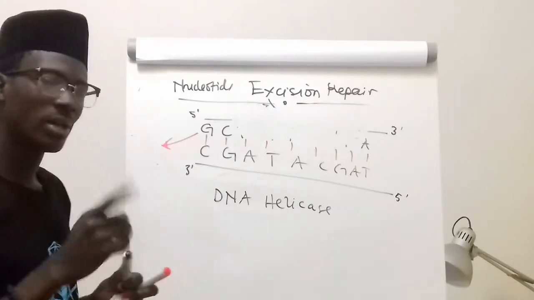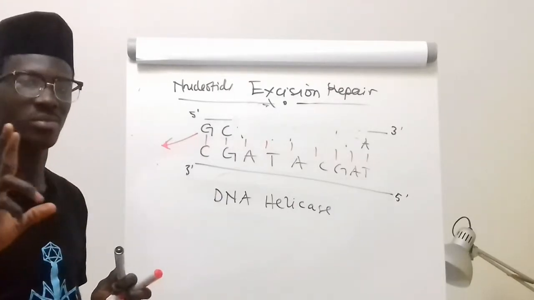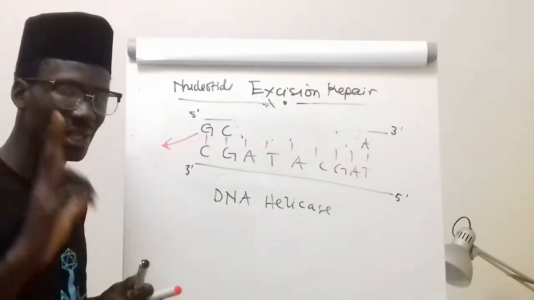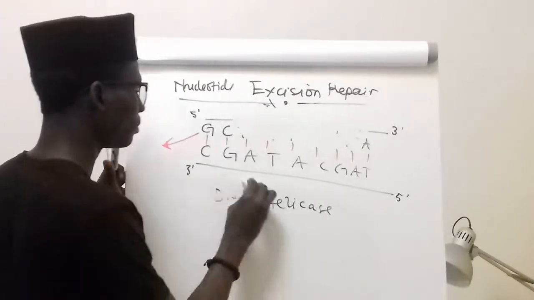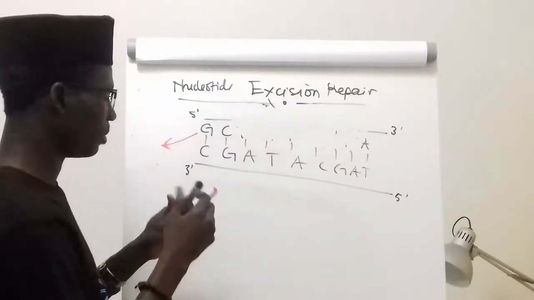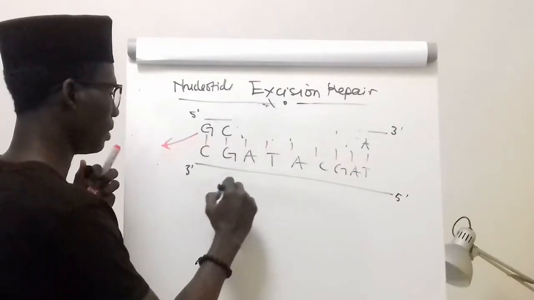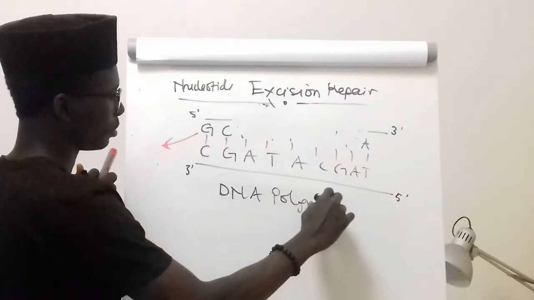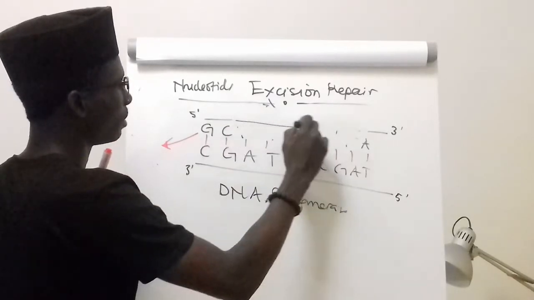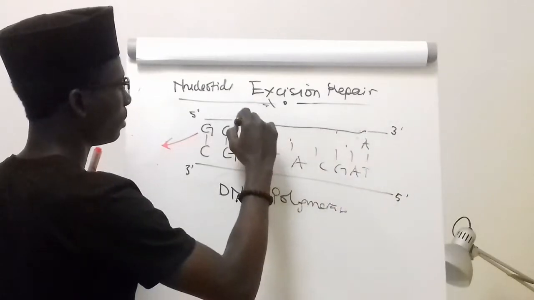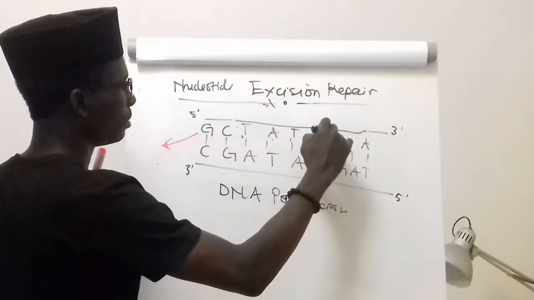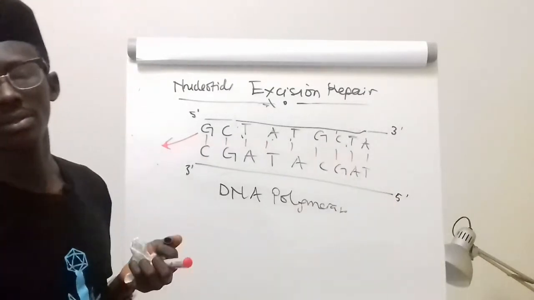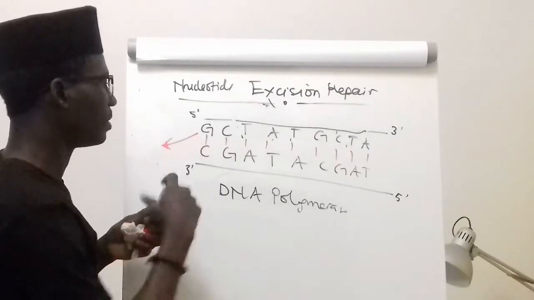So we need two enzymes, very important in these mechanisms. There are always two enzymes involved in the last stage: DNA polymerase and DNA ligase. DNA polymerase comes here and synthesizes a sequence: T, A, T, G, C, T. After that, you see there's still a gap here.